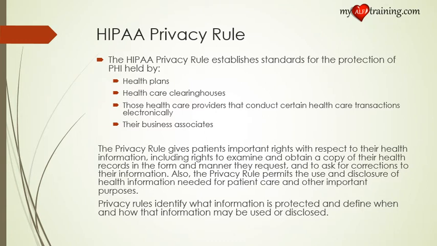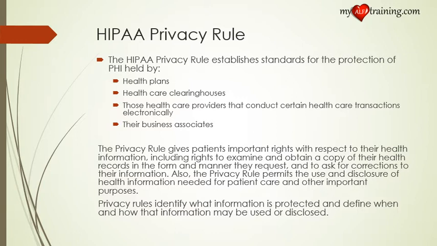HIPAA Privacy Rule. The HIPAA Privacy Rule establishes standards for the protection of PHI held by health plans, healthcare clearinghouses, those healthcare providers that conduct certain healthcare transactions electronically, and their business associates.